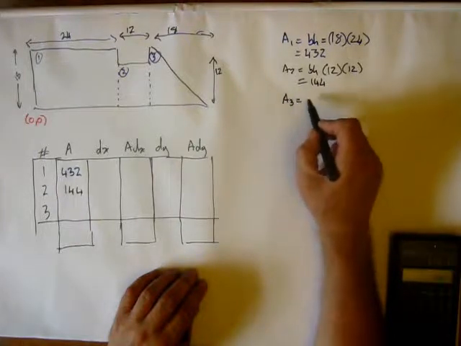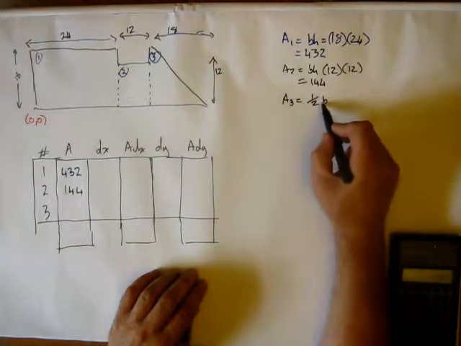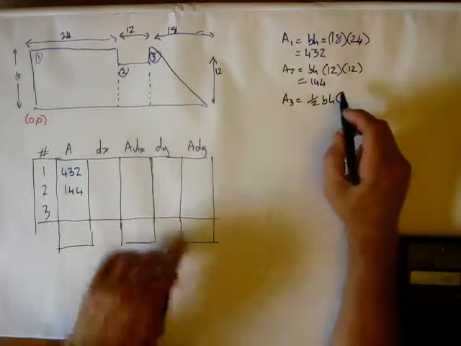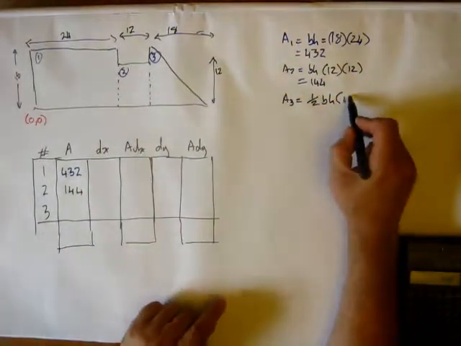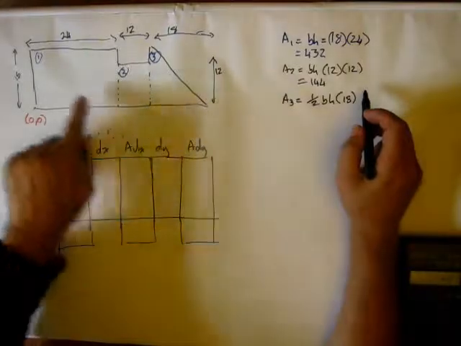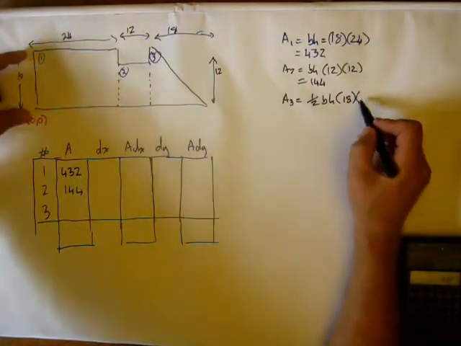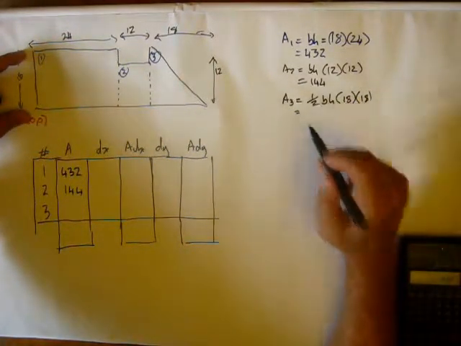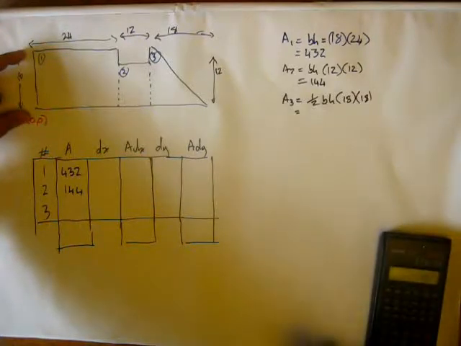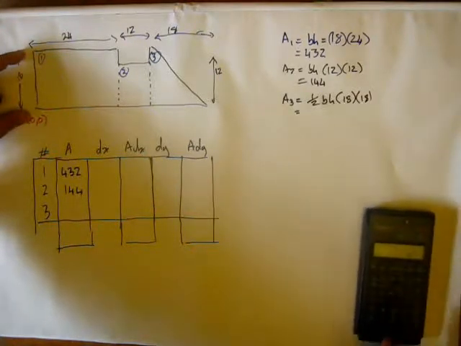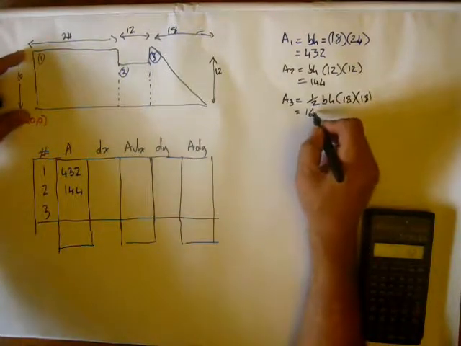Area 3 is equal to half the base times the height because it's a triangle. The base is 18 long. The height is the height of that side, which is also equal to 18. So 9 times 18 equals 162.